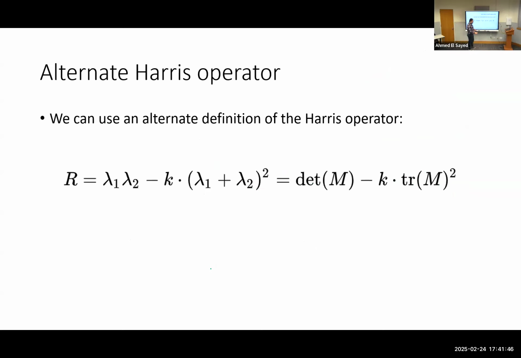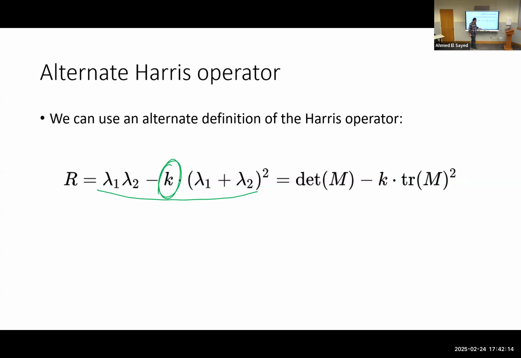For this operator, they said, I will use the same exact concept of determinant and trace, but I will not normalize them. I will add some hyperparameter K. This parameter will be used for the threshold.